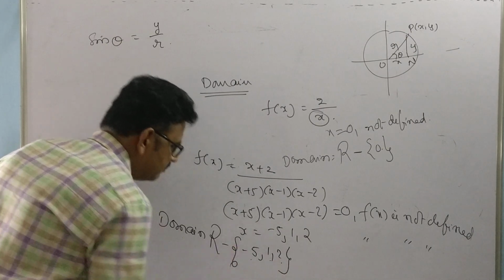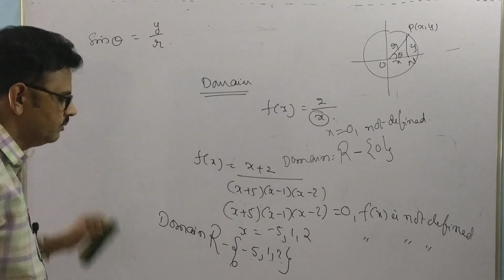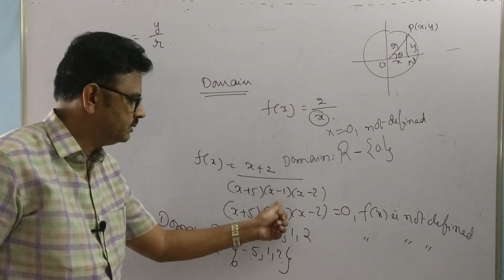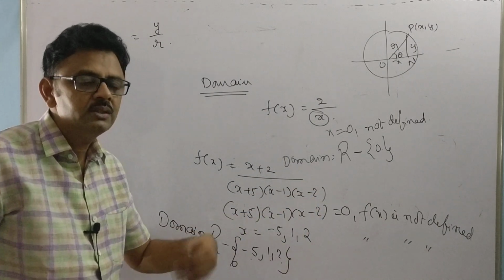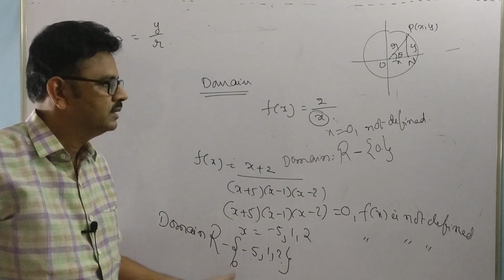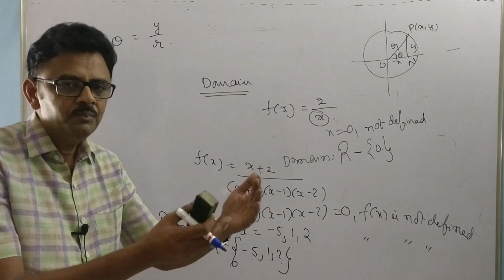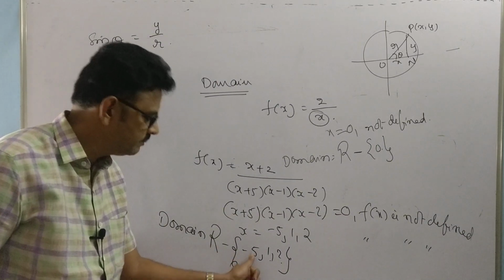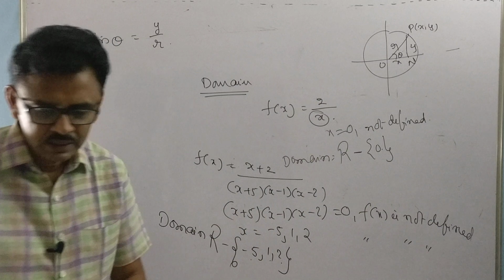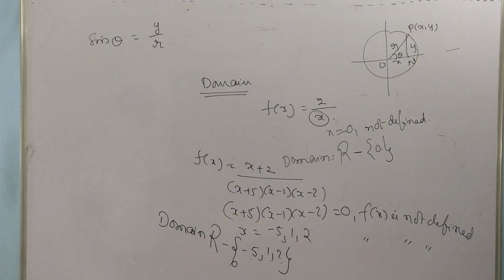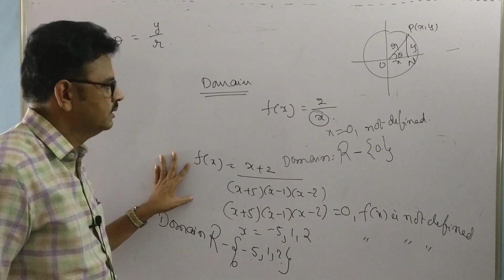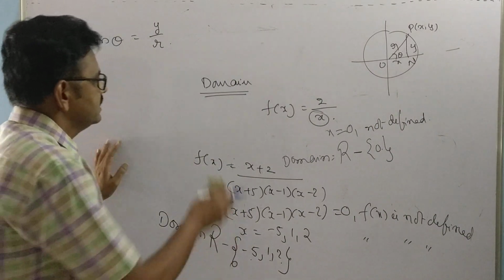Only for these three numbers is the function not defined, because if I write x equal to minus 5, it becomes something by 0, which is not defined. It is not possible to write all the real numbers, so the domain is the set of all real numbers excluding minus 5, 1, 2. That is the domain of the function. Now we have had a complete discussion on one chapter, that is functions. Now regarding sine theta.